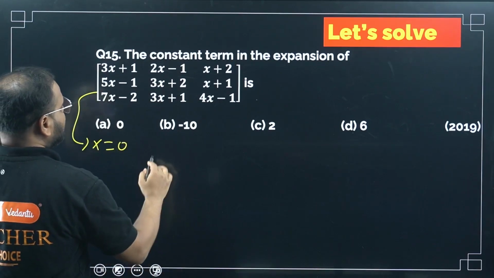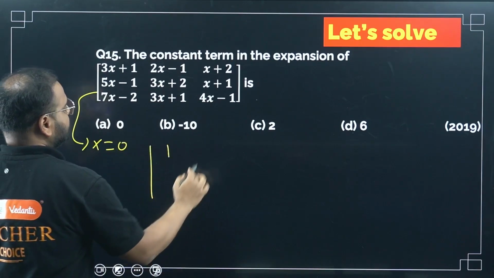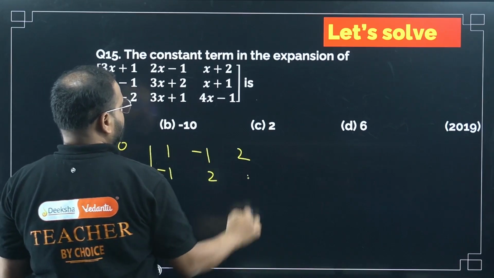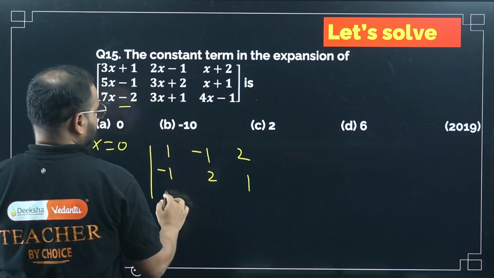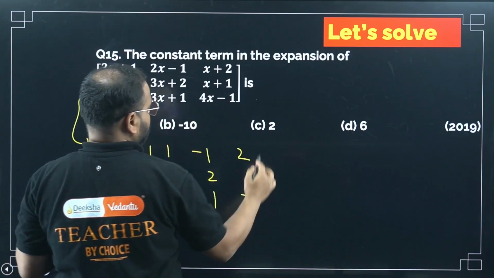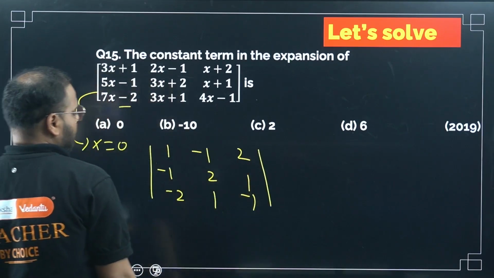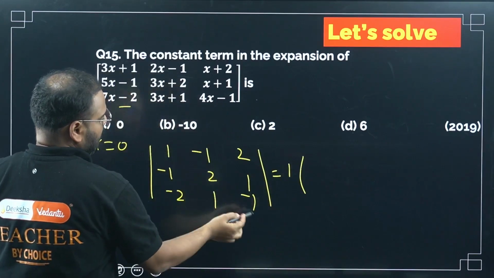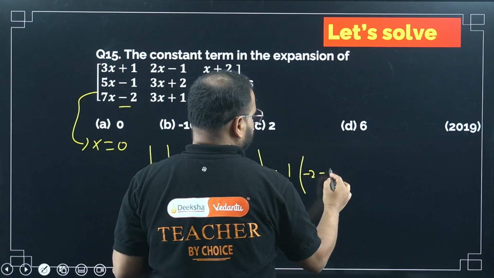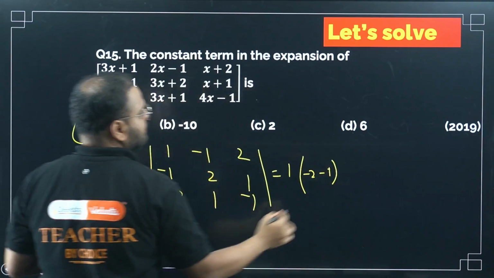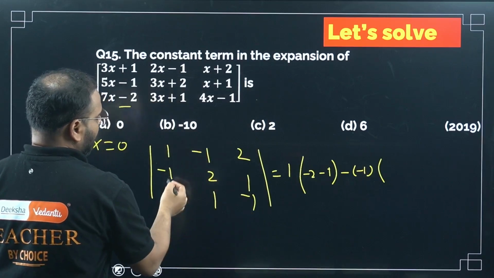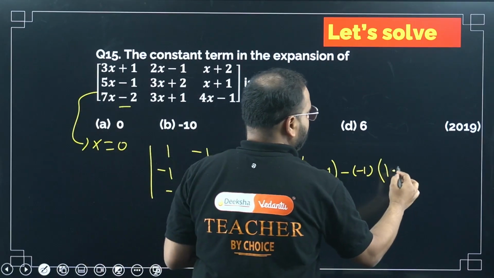What is the newly transformed matrix? 1 minus 1 2 here, minus 1 2 1 here, minus 2 1 minus 1. Find the determinant, please. Expand across the first row only. 1 times of minus 2 minus 1, then minus of minus 1 times of 1 plus 2.